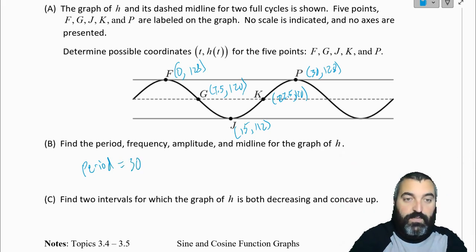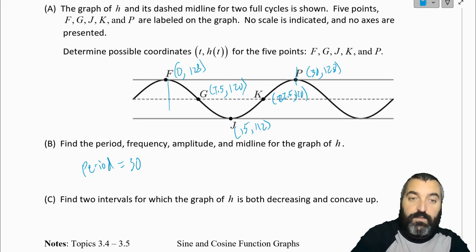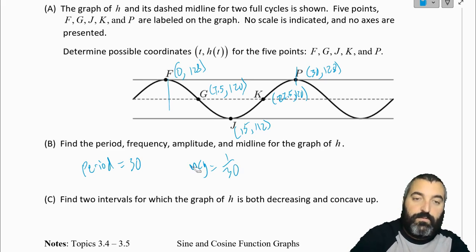It's how long it took to get back up to the top. But we also see it in our graph, right? It's from point F to P is 30. The frequency is 1 over 30. So it's just the reciprocal.